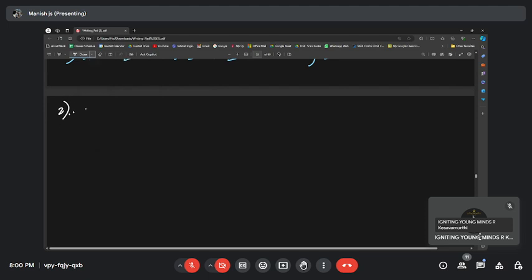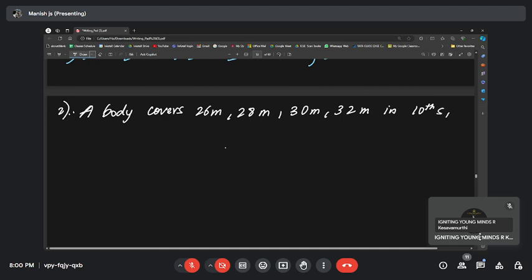A body covers 26 meters, 28 meters, 30 meters, 32 meters in the 10th second, 11th second, 12th second, and 13th second respectively.